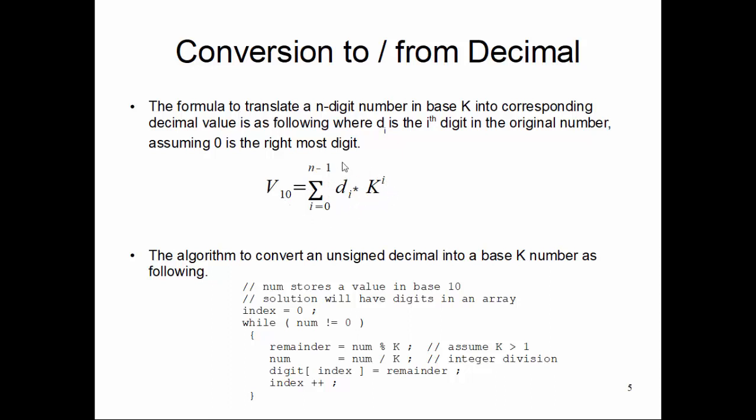So this is the formula that is going to be used. Please remember this is a sigma of i from 0 to n minus 1. You multiply each symbol value, and a symbol has a corresponding decimal value that is already defined by the number system. We'll see that. We take the value of that symbol at position i, multiply by the base value to the power i, and if we sum them up, we get a value in the decimal number system.